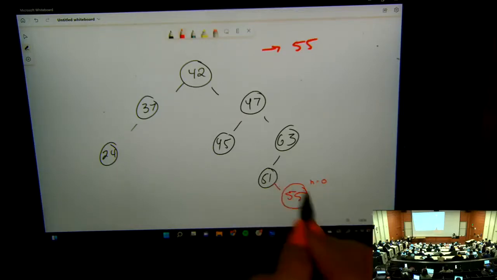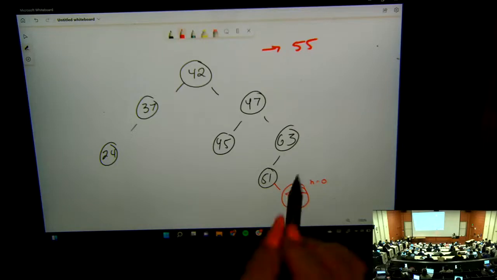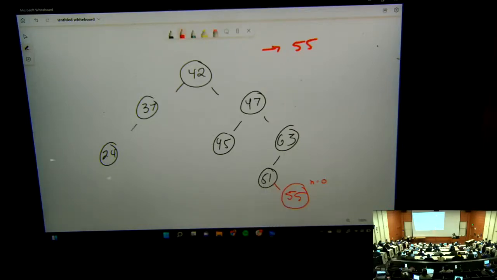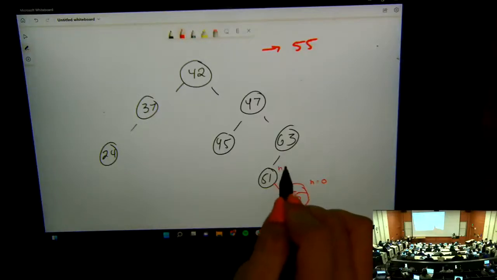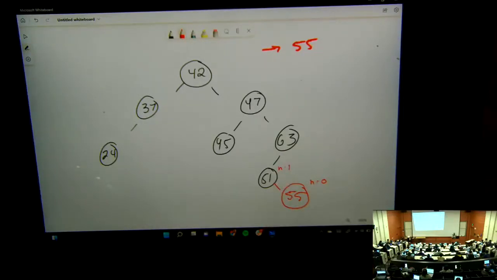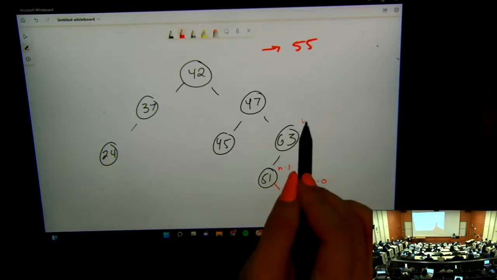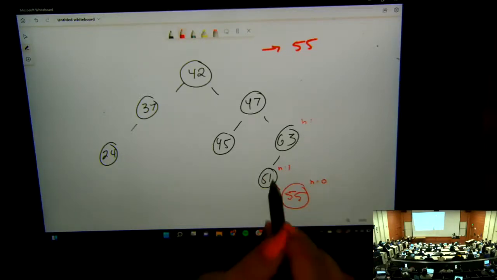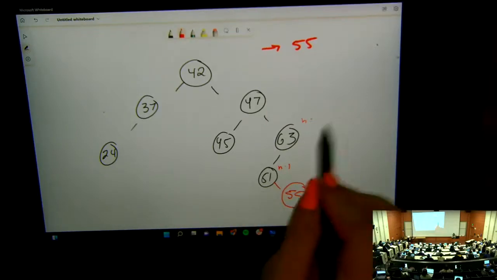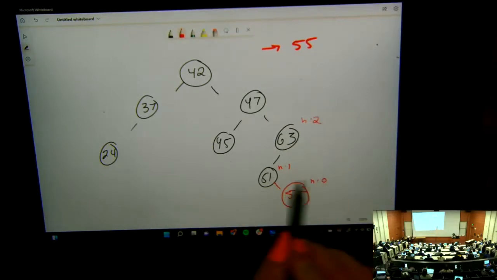And then when we recurse back up, previously the height of 51 would have been 0, but I know that by adding in something, I have to go from 0 to at least 1. So that height will get updated to 1. Now that I've done that, I'm going to continue up. Previously, the 63 would have had a height of 1 because of 51, but we're going to update that height to be 2.